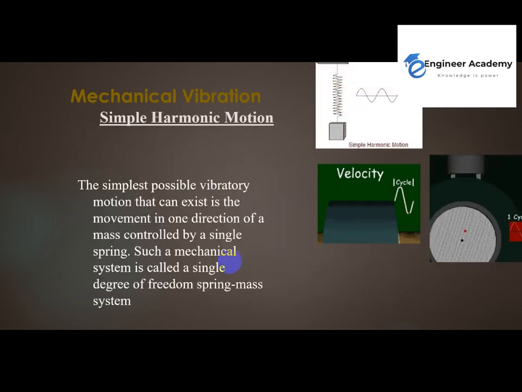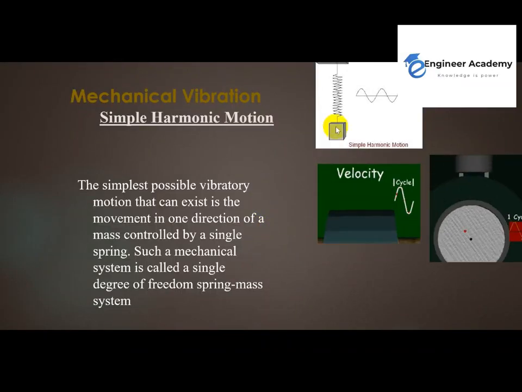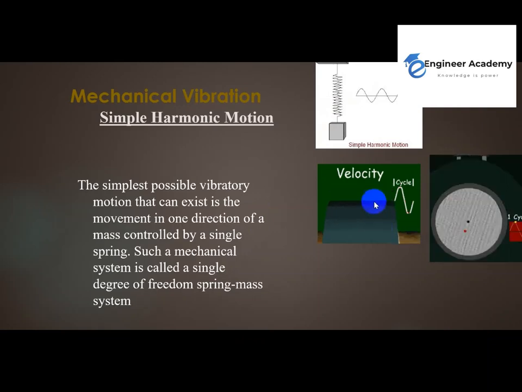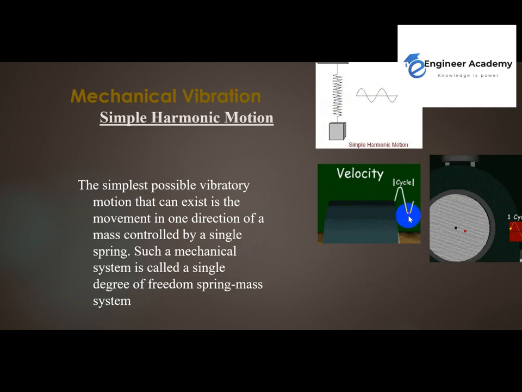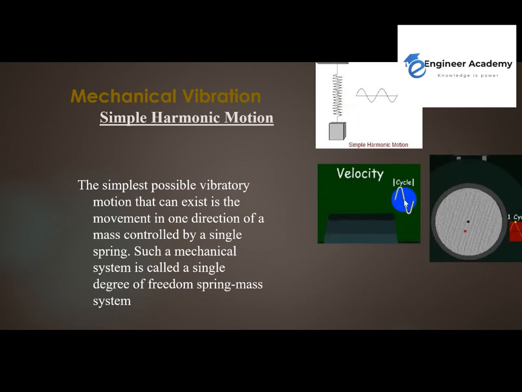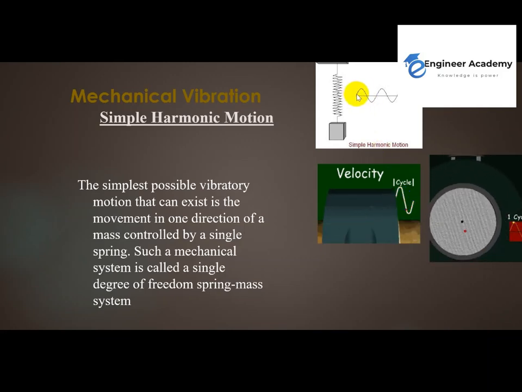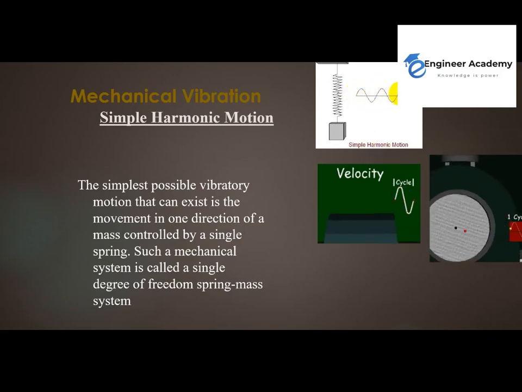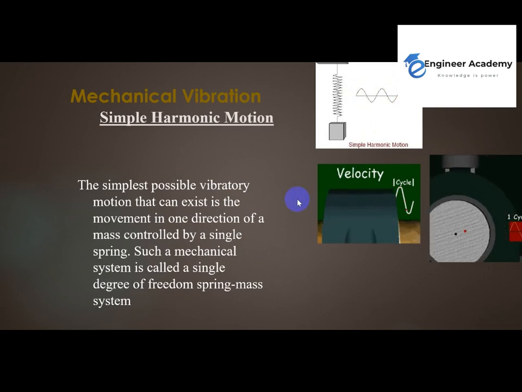Then we need to represent the vibration in simple harmonic motion this way. This movement of the machine can be represented as this time waveform, and we call it a sine waveform. We call it a time waveform, but in this case, because it's simple harmonic motion, a very simple one, it's represented as a sine wave, like this.